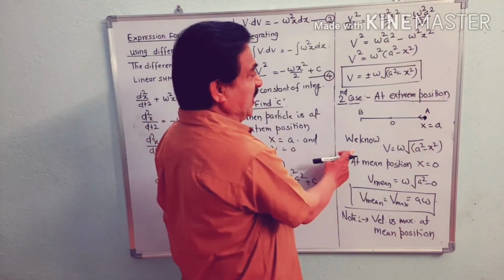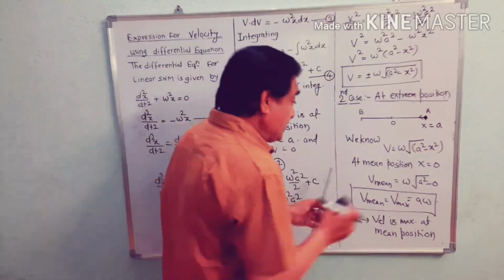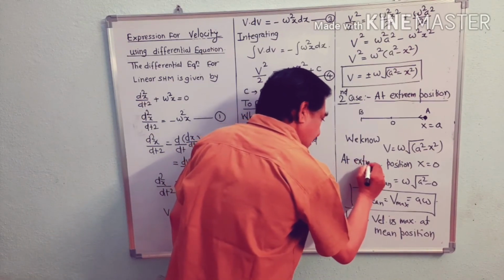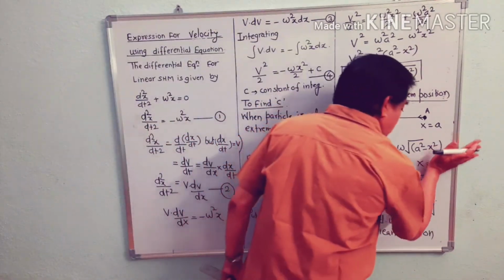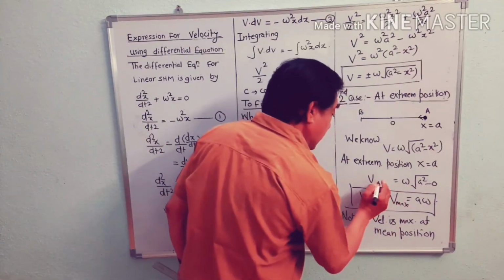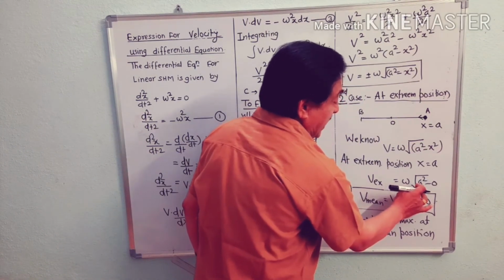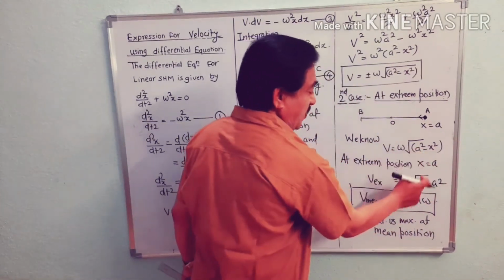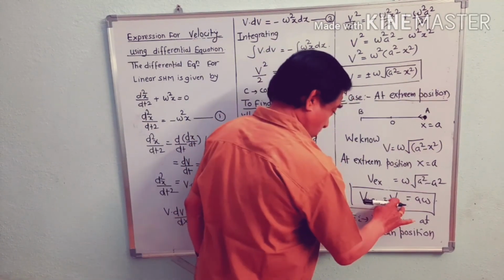So we know what is the formula for velocity. v is equal to omega into root of a square minus x square. At extreme position, x is equal to a. x is equal to a म्हटल्यानंतर v extreme बरोबर काय झाला? v extreme is equal to omega into bracket a square minus a square, because x is equal to a. a square minus x square, x square च्या ऐवजी a square. a square minus a square is 0.